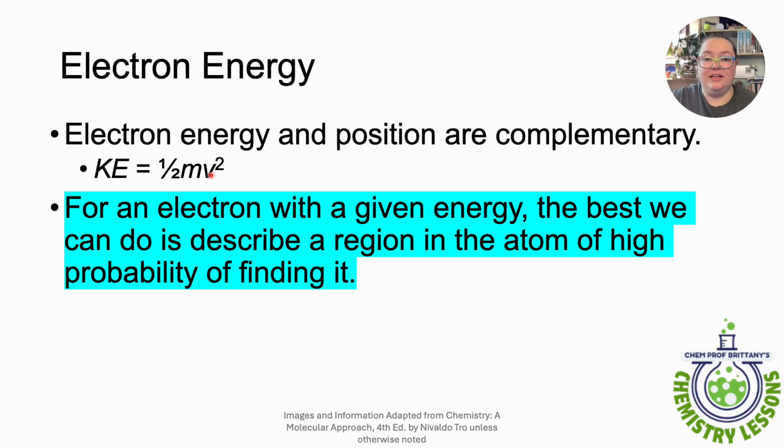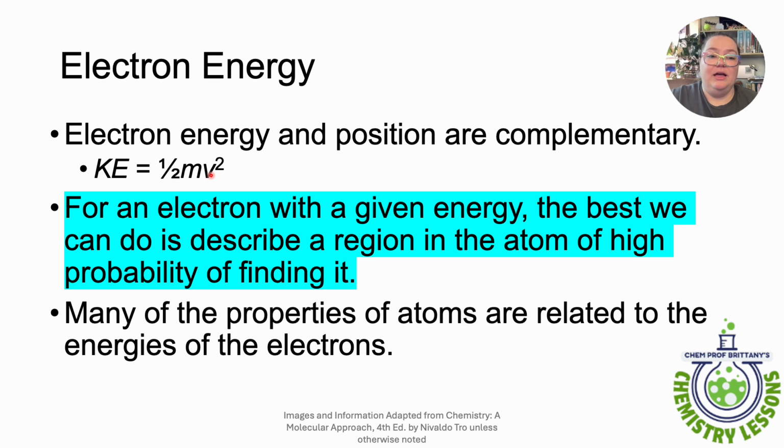We can't say the electron is here. We can say, well, it's probably here, it's probably there. No guarantees though, right? So many of the properties of the atom are related to the energy of the electron, which again, at best gives us a probability of where it's at.